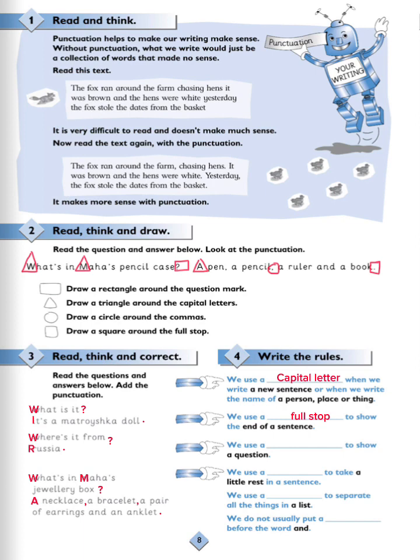We use a question mark to show a question. We use a comma to take a little rest in a sentence. We use a comma to separate all the things in a list. We do not usually put a comma before the word "and".